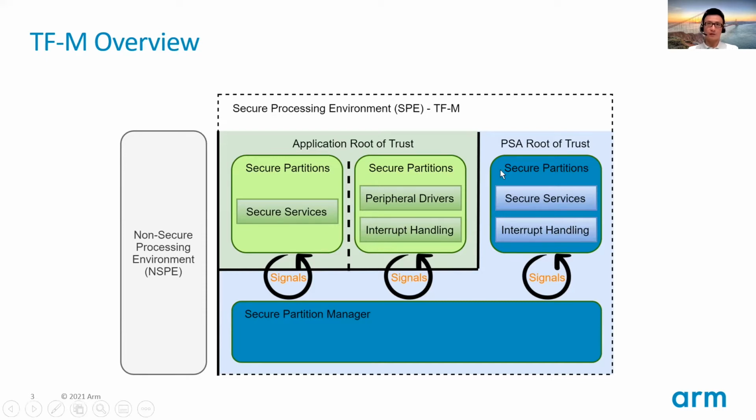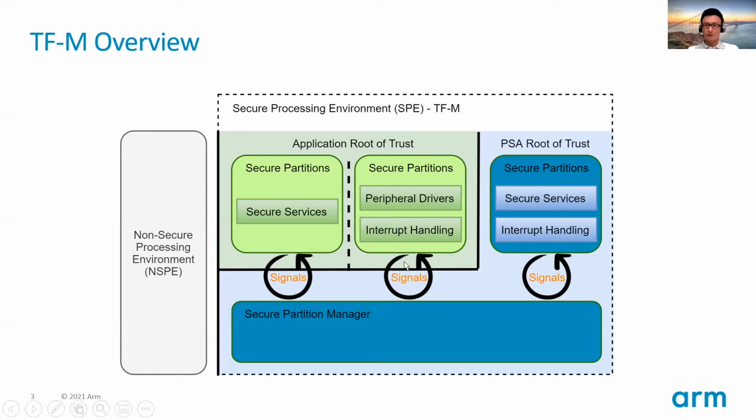Secure partitions can be divided into PSA root of trust and application root of trust. The PSA root of trust is platform-specific implementations, and the application root of trust provides application and product-specific secure services.